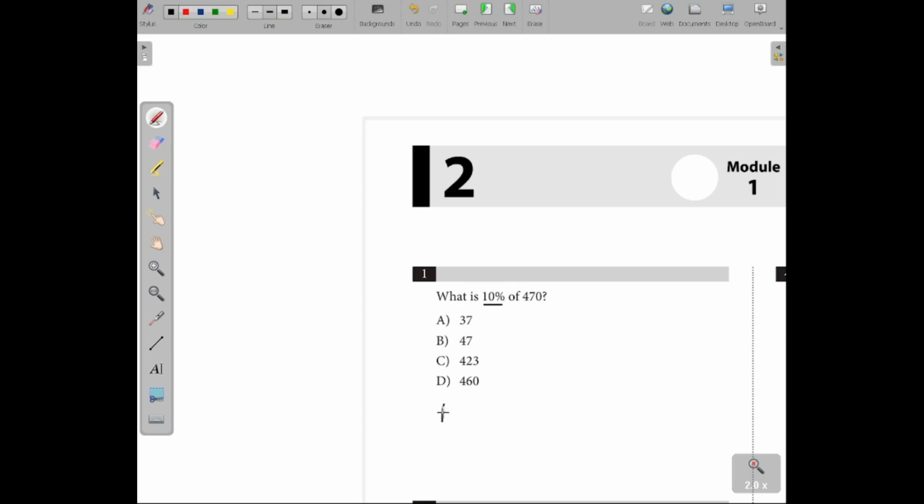So if we know that 470 is the 100%, now we want to find the 10%. What is that 10% amount?